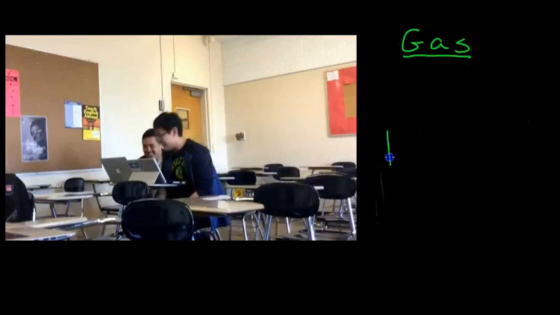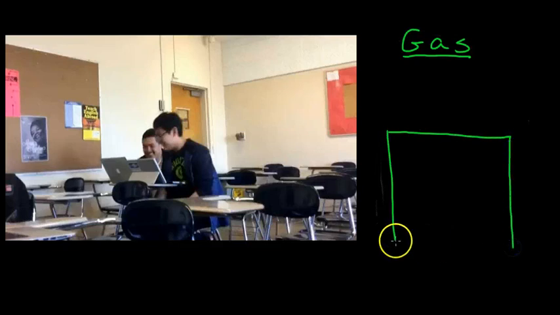All right, and so if we draw the picture again, we would only have maybe two particles in this big empty space, and so these particles could just move wherever they wanted. They'd be free to move around, and there's hardly any particles in that space, and that would be an example of how the particles are arranged in a gas.